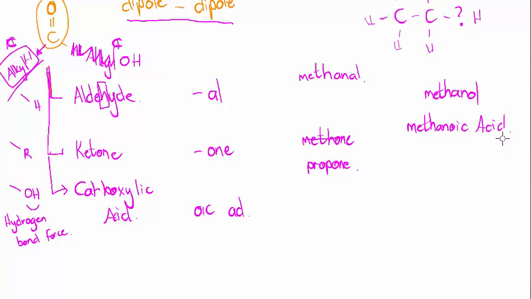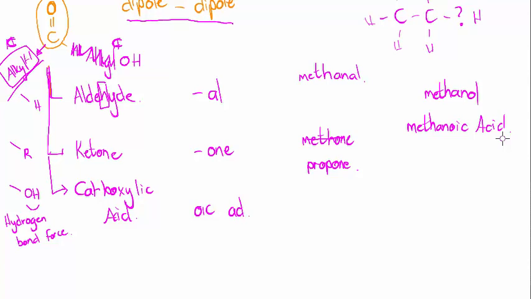Methanol also has hydrogen bonding. Isn't it because there are two? Let's put it in the same picture. We have the alcohol, the methanol team, and the methanoic acid team. The methanoic acid team consists of two strong men, and the methanol only consists of one strong man.